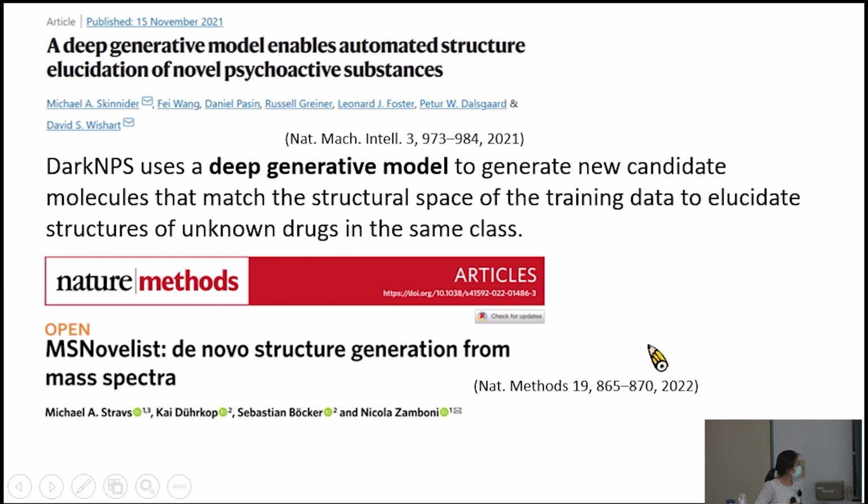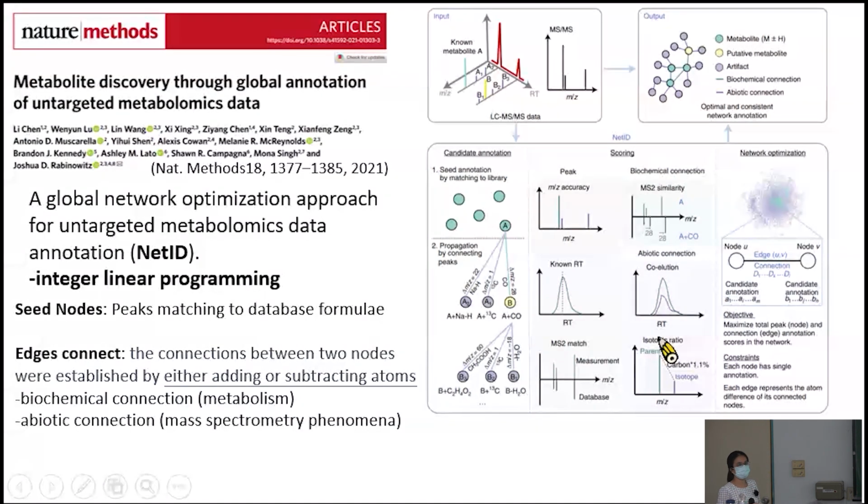So this is another example that I would like to show you, which is about NetID. And this NetID, they use another alternative algorithm to predict the compound. So let's see how it works. So basically, this NetID uses another algorithm.